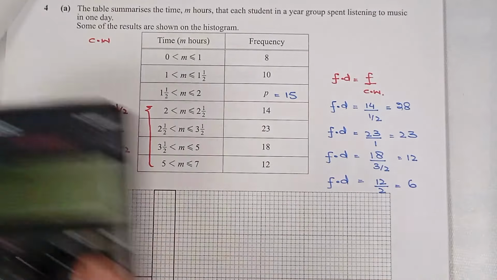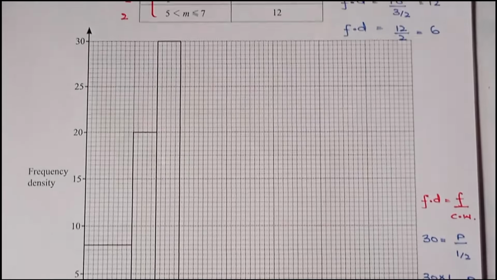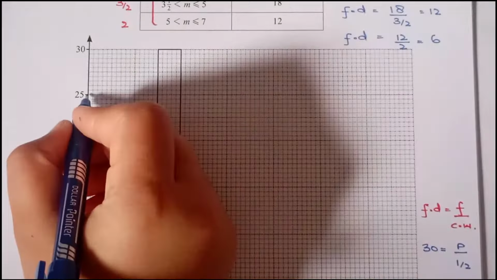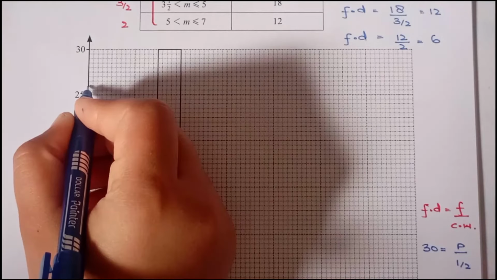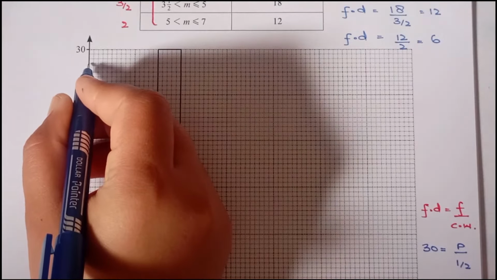From 2 to 2 1/2, it would be 28. So we have 25, 26, 27, 28. So this is 28 between 2 to 2 1/2.